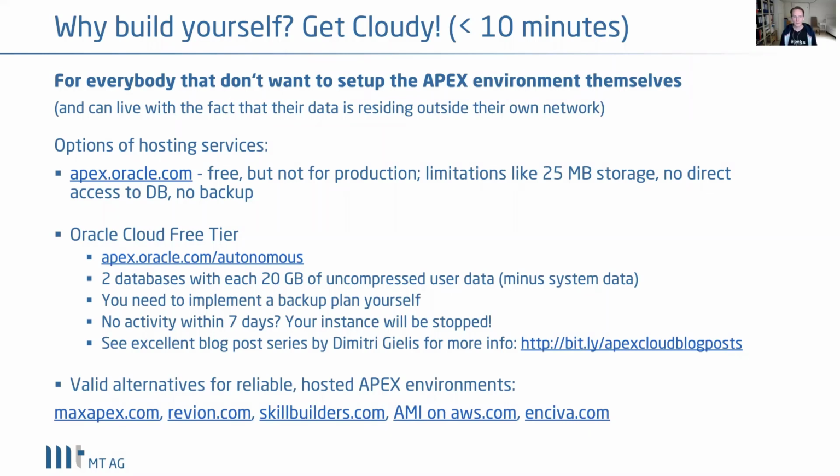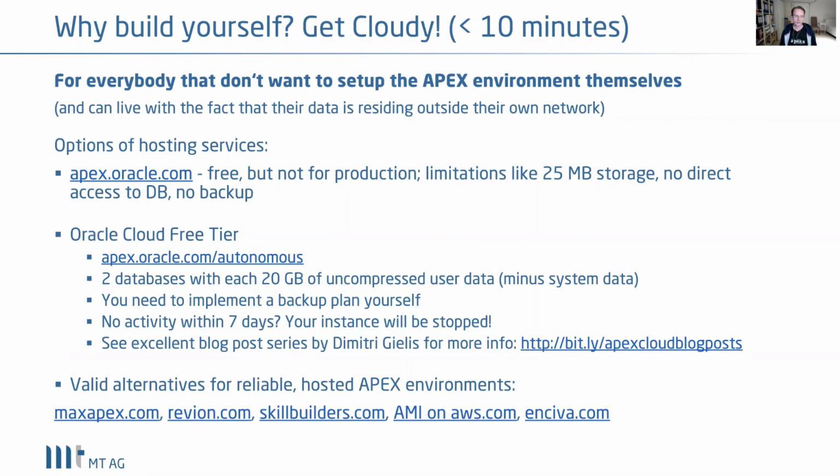If you're looking at more options in your architecture in the cloud, then I would suggest try out the Oracle Cloud Free Tier. Dimitri had already a presentation during Apex at Home regarding this topic. So if you missed that one, I would suggest to have a look at this recording. And there's a website for that.